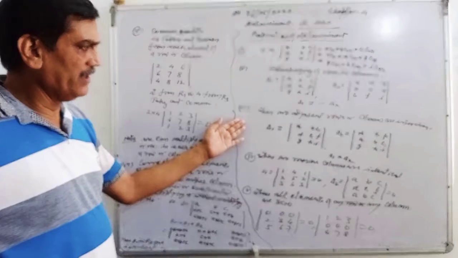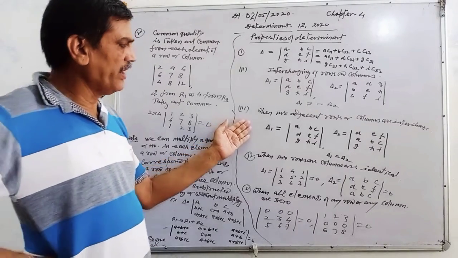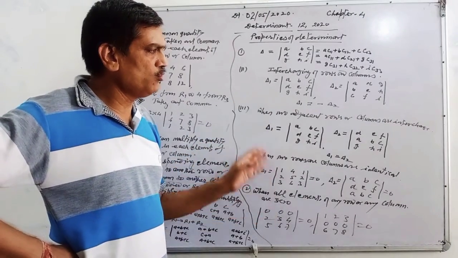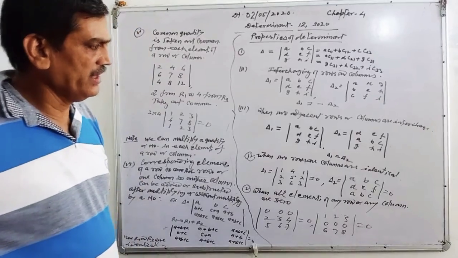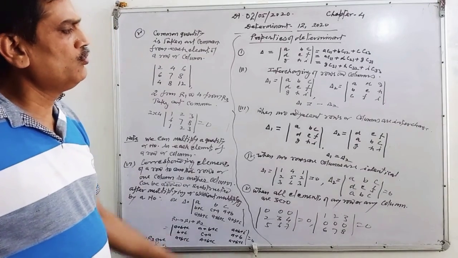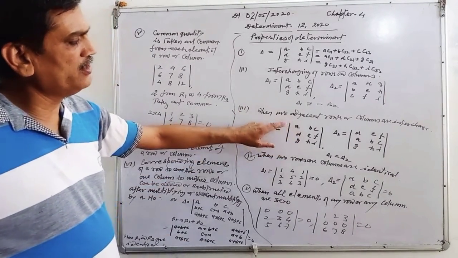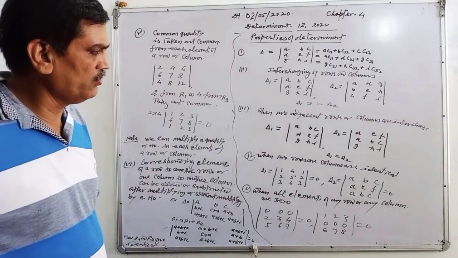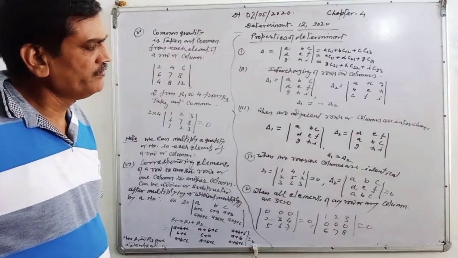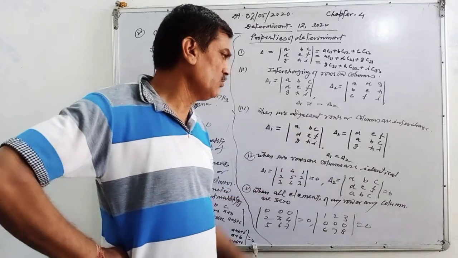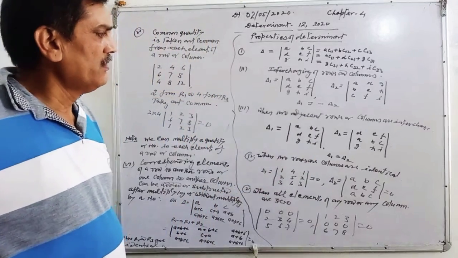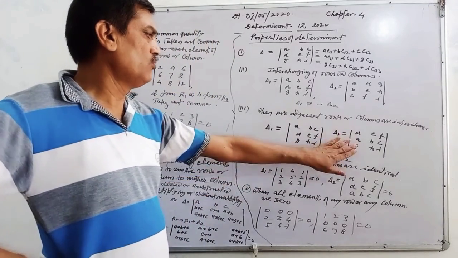Now the third property: when two adjacent rows or adjacent columns are interchanged. Two adjacent parallel rows means you can interchange R1 and R2 or R2 and R3, C1 and C2 or C2 and C3. And the solution will remain the same.